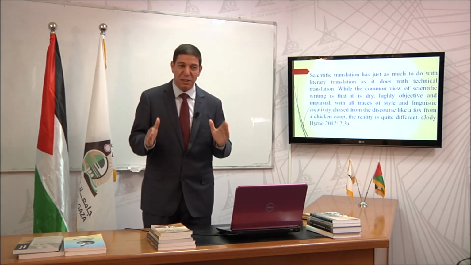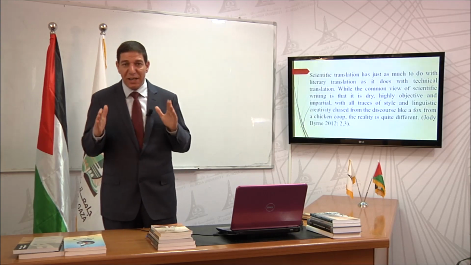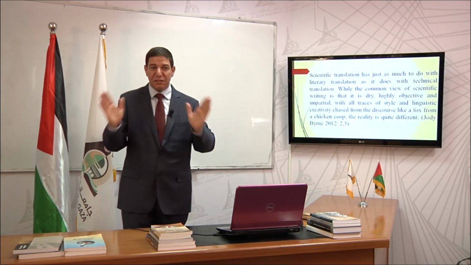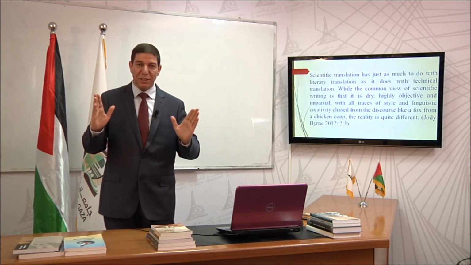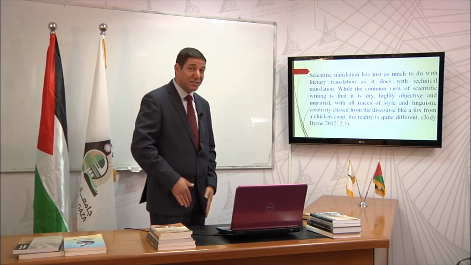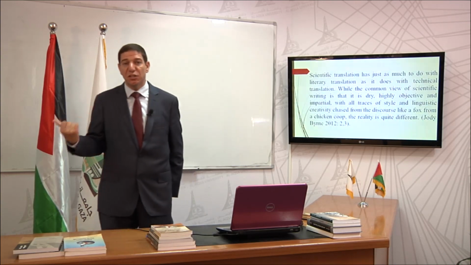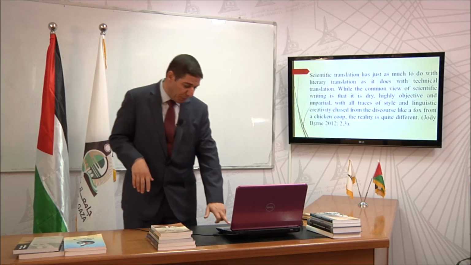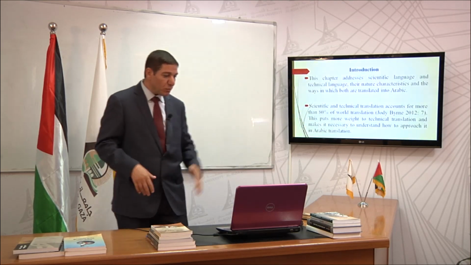What we mean is that a text can be highly stylized, whether it is scientific, technical, or literary, depending on the abilities of the producer of that text, and this must be taken into consideration when you translate the text into Arabic.